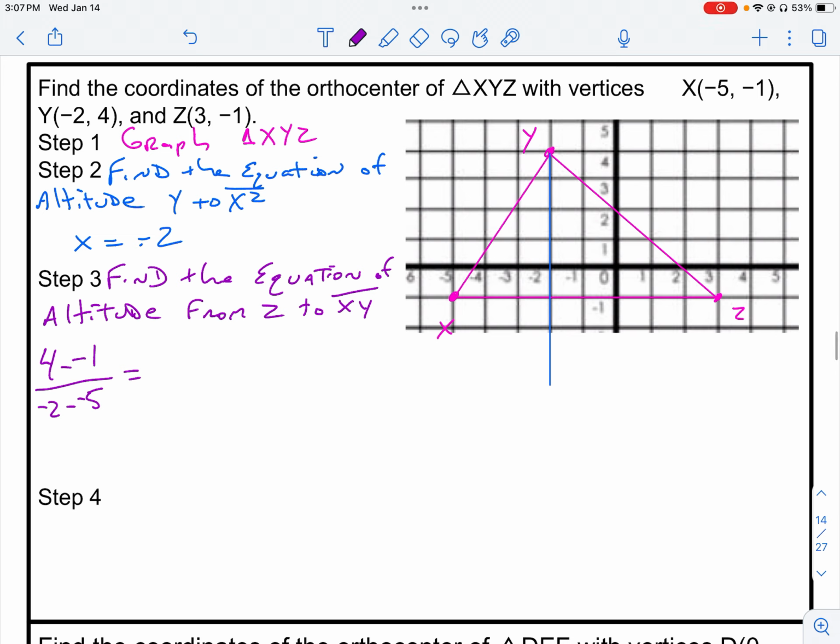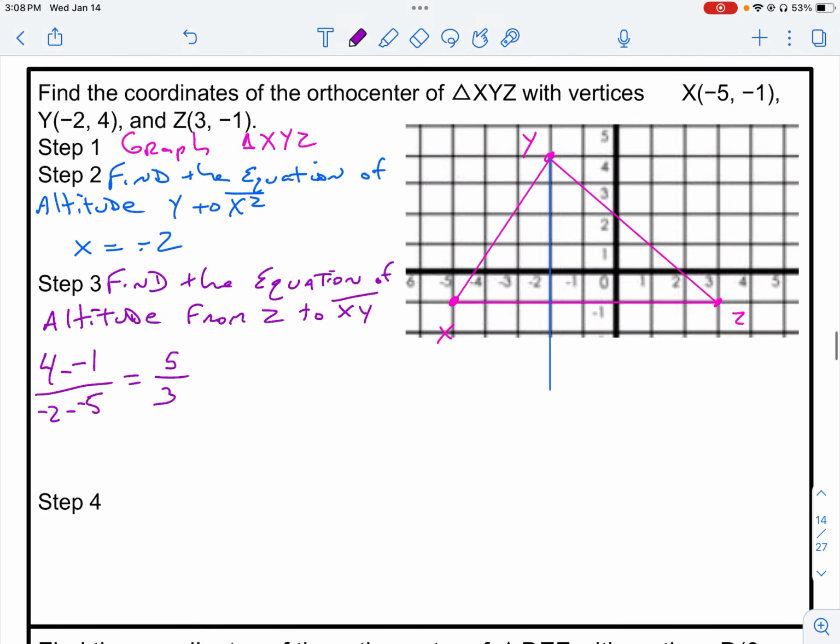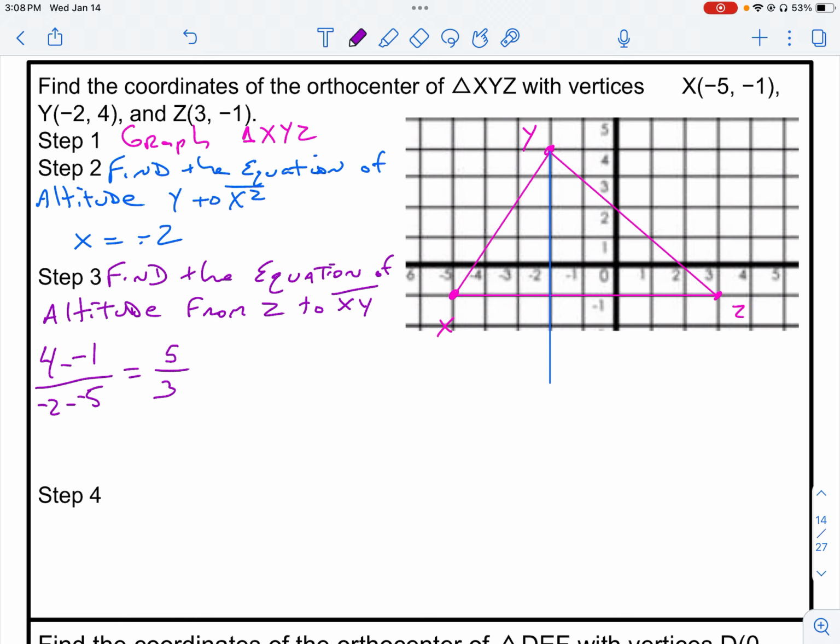So we get 5 over 3. That's the slope of XY. So the slope of the line perpendicular to XY is the negative reciprocal, or -3/5. So let's go ahead and find the equation of our altitude, because we do have a point that it goes through, and it's right here. It's Z.